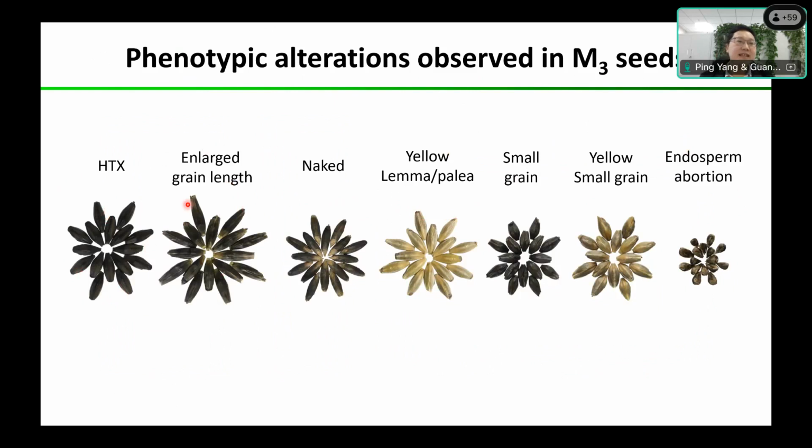Some show enlarged glumes, long glumes, which is basically different from the NUD locus. Some mutants show black caryopsis but with yellow lemma and palea. Some mutants show small grains, along with an endosperm abortion phenotype.